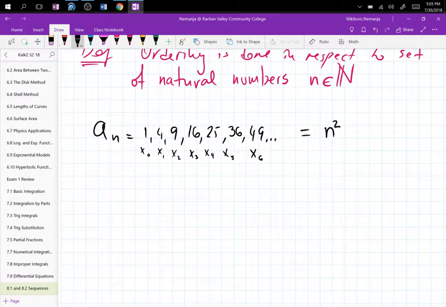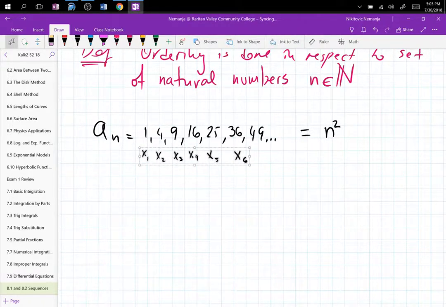Oh yeah, it's a shift. It's not supposed to start with 0. All right. So the small numbers are the values that you are plugging in. No problem.